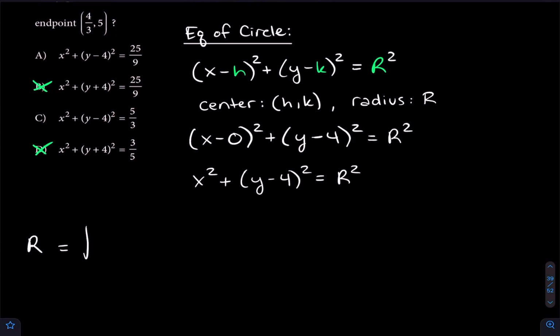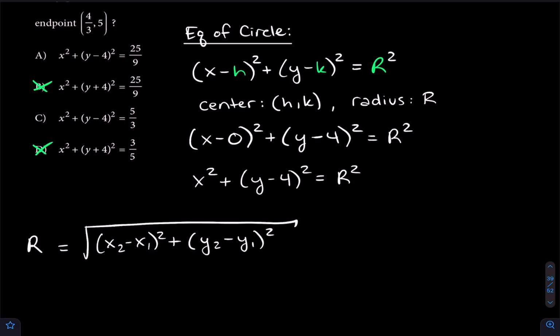So the radius is going to be the square root of, remember that distance formula, x2 minus x1 squared. Maybe that's what you call it in class. It's the distance between the two x points squared plus the distance between the two y points squared, and you have to square root that entire thing.